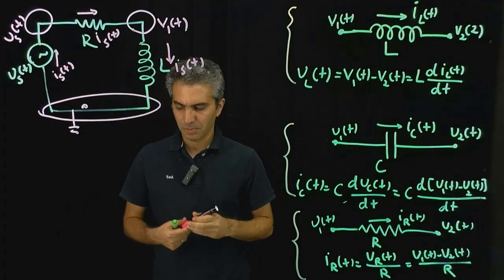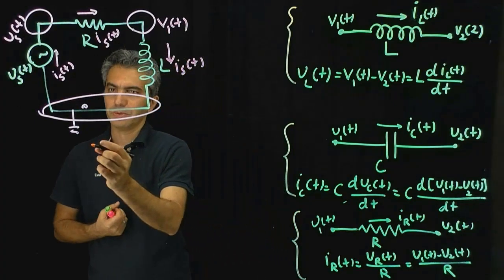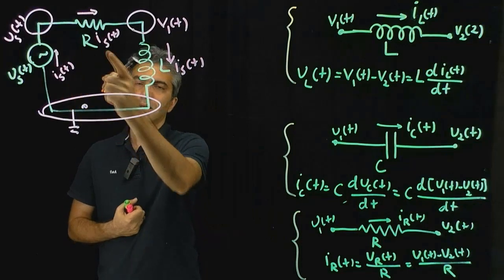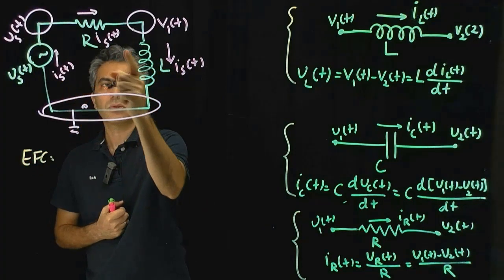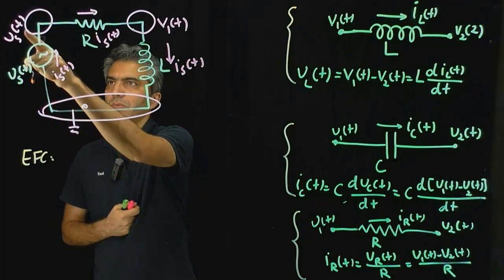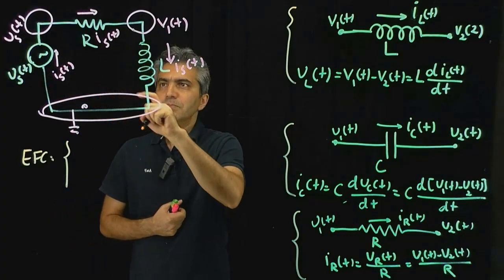Obviously, this was a really simple circuit, but by now you should be able to do this. So once I do that, then I start writing equations for components. There are 3 components, but I already wrote the equation for the source, so there are 2 equations left.